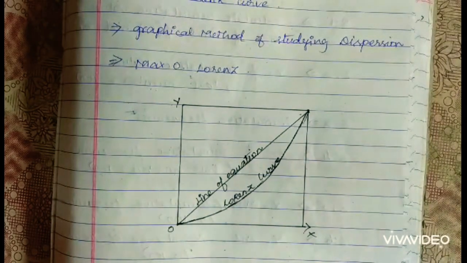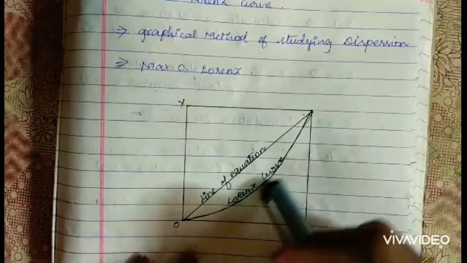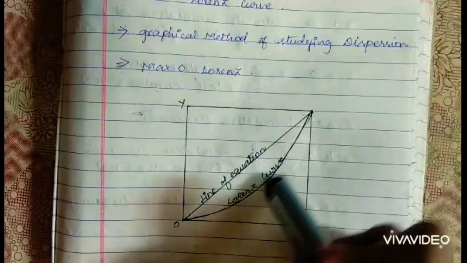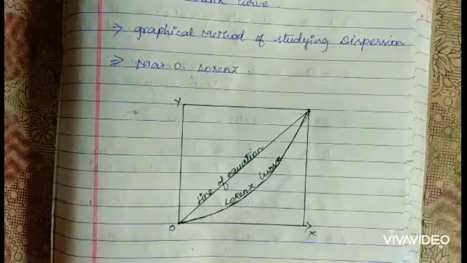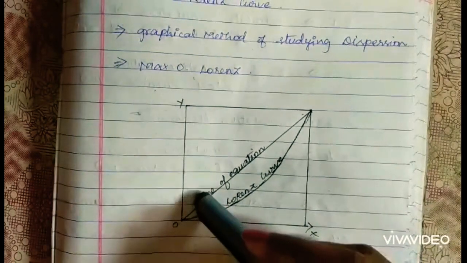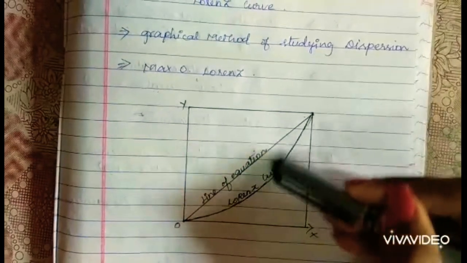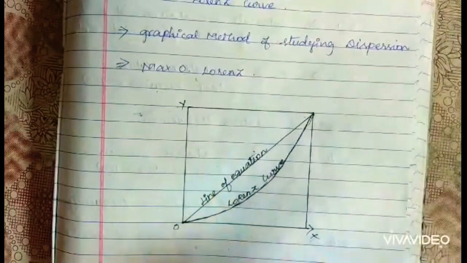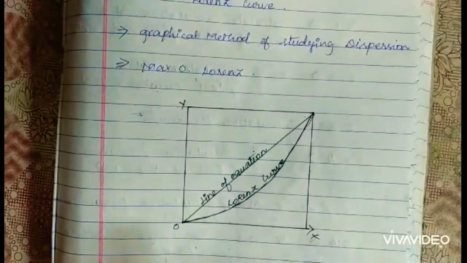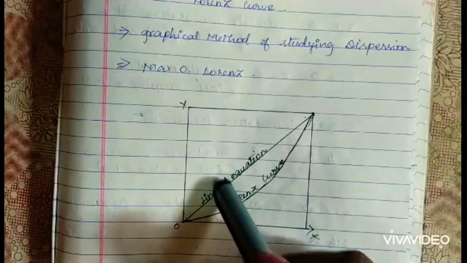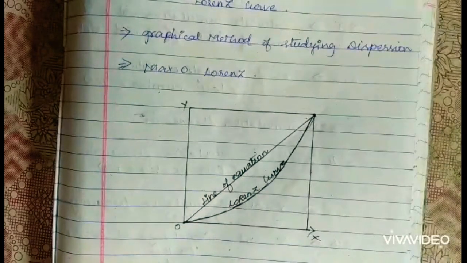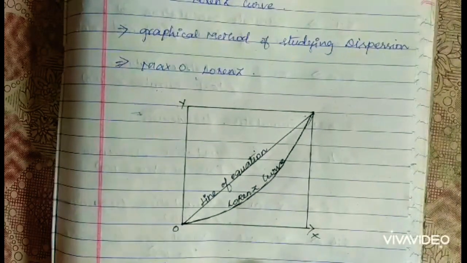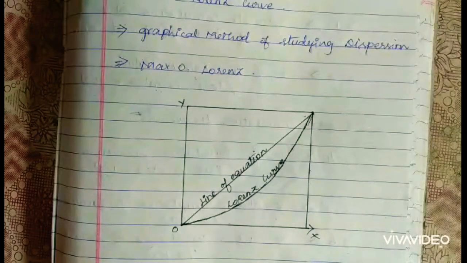Once we plot all these points in a graph, we join them with a freehand curve, and that is called a Lorentz curve. The space between these two lines is called dispersion. The Lorentz curve needs this much of units to reach the line of equation, so it shows the differentiation of units in a graphical method.